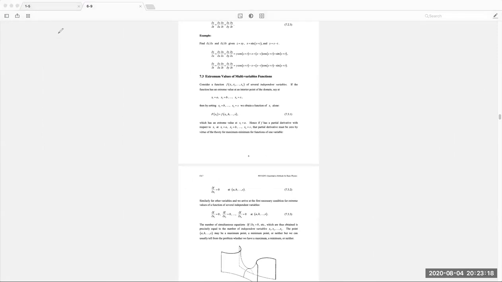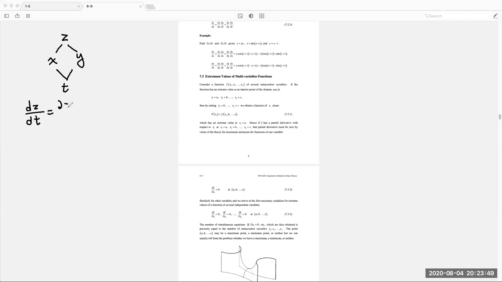First of all, the function f or z should be a function of x and y, or more variables, it doesn't matter. Let's say x and y are functions of t only. Then if you want to find the derivative of z with respect to t, you can use the ordinary differentiation.